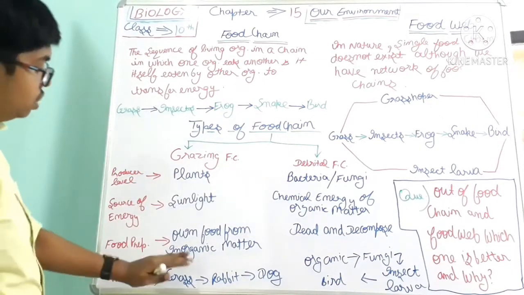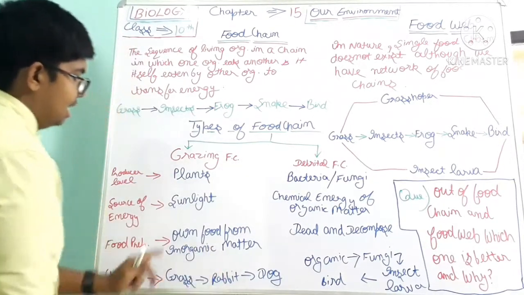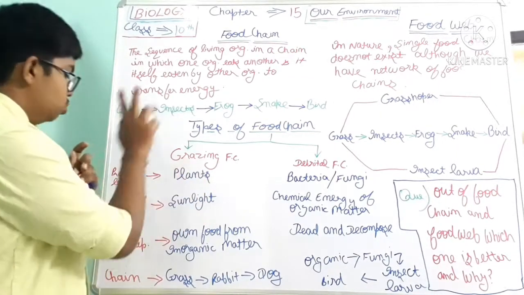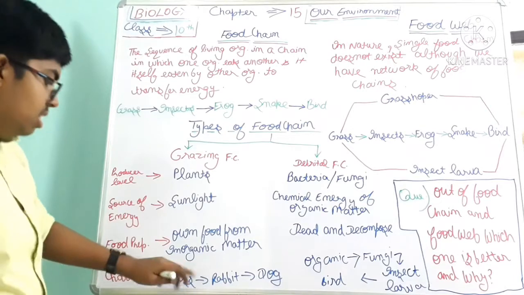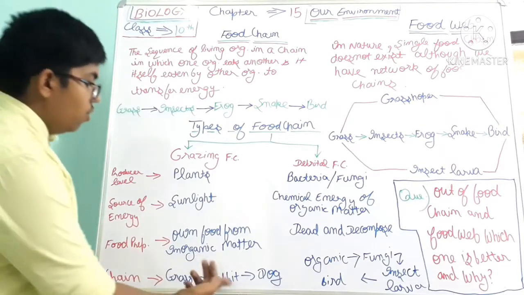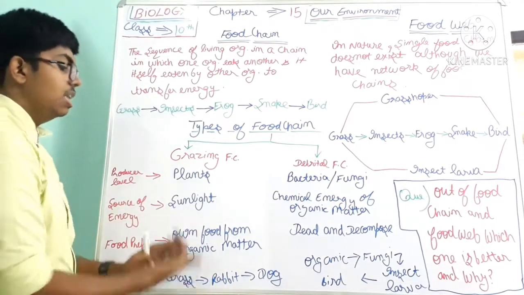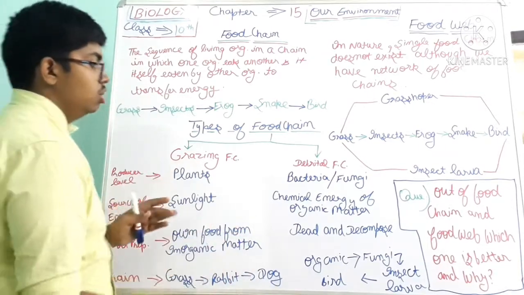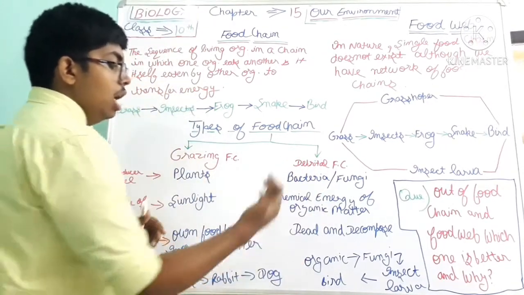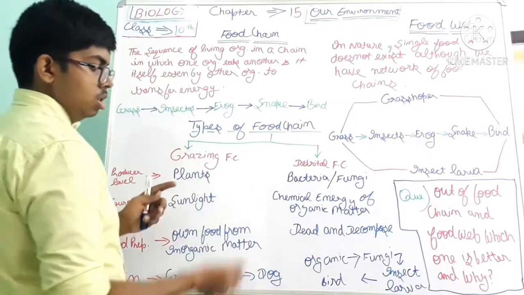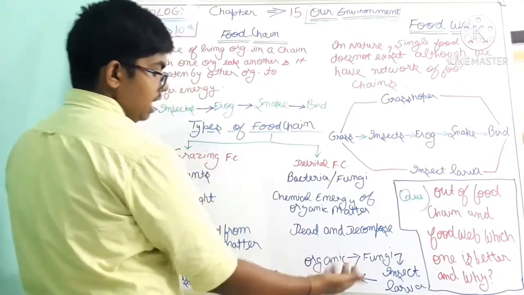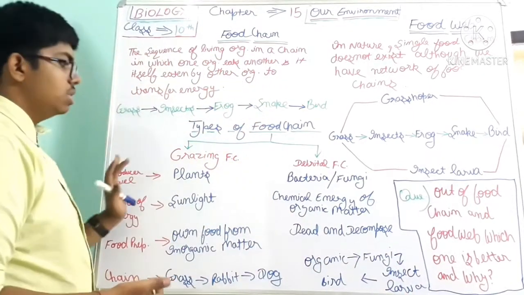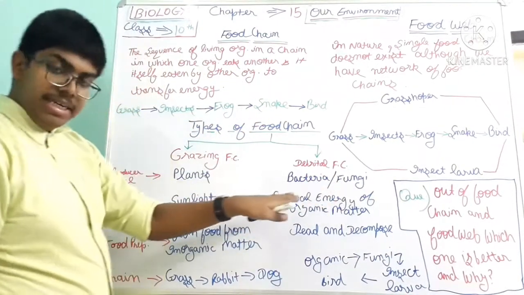In the grazing food chain, the rabbit eats the grass, as we already know that plants are placed at the producer level. Grass is at the primary level, the rabbit eats the grass, and then the dog eats the rabbit. In this way the grazing food chain continues. Now in the bacterial food chain, organic food is taken by fungi. The producer level here is fungi or bacteria.